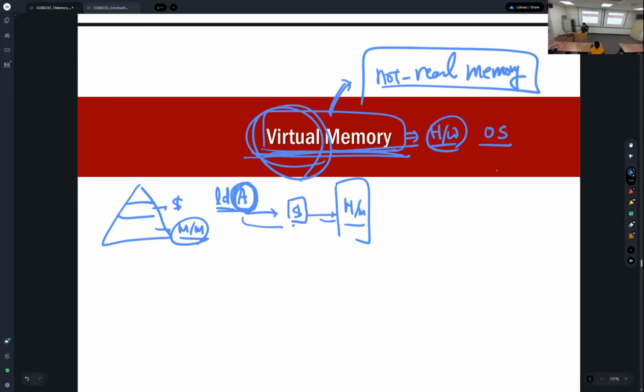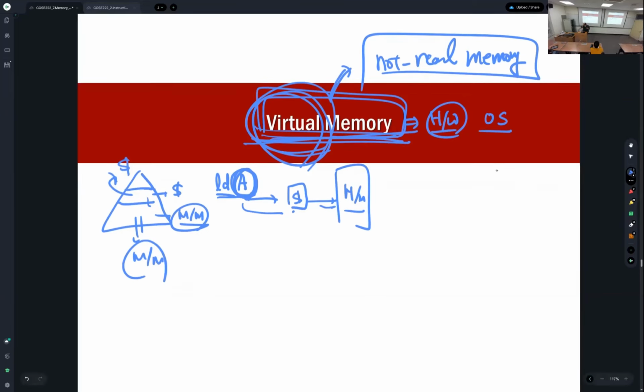But what is virtual memory? At the cache, you may think that we can learn about the main memory next, because it's the lower part of the memory hierarchy. But now we are learning about virtual memory.